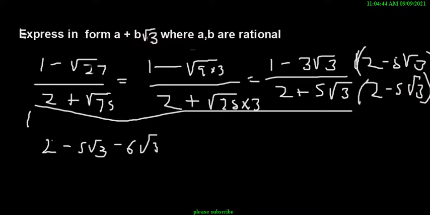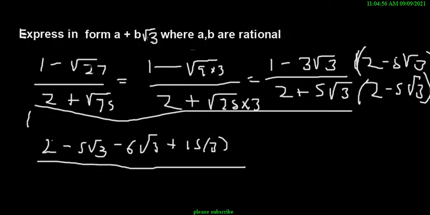Negative 3 root of 3 times negative 5 root of 3, that's going to be positive 15 times 3, since the roots cancel, and over 2 times 2, that's 4.